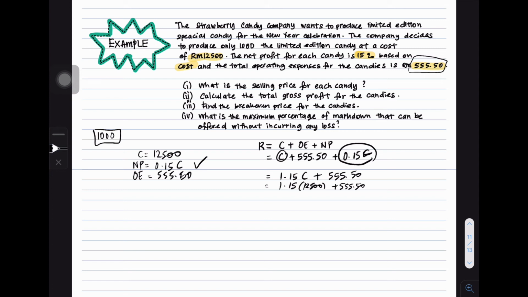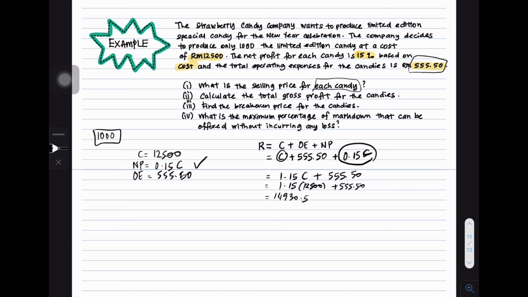Okay, tambah dengan RM555.50. So awak dapat RM14,930.50. Tapi soalan minta for each candy.